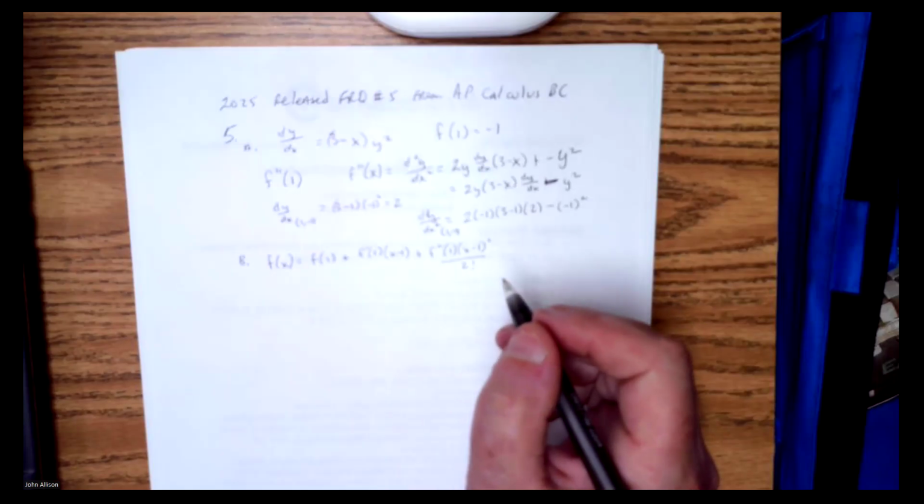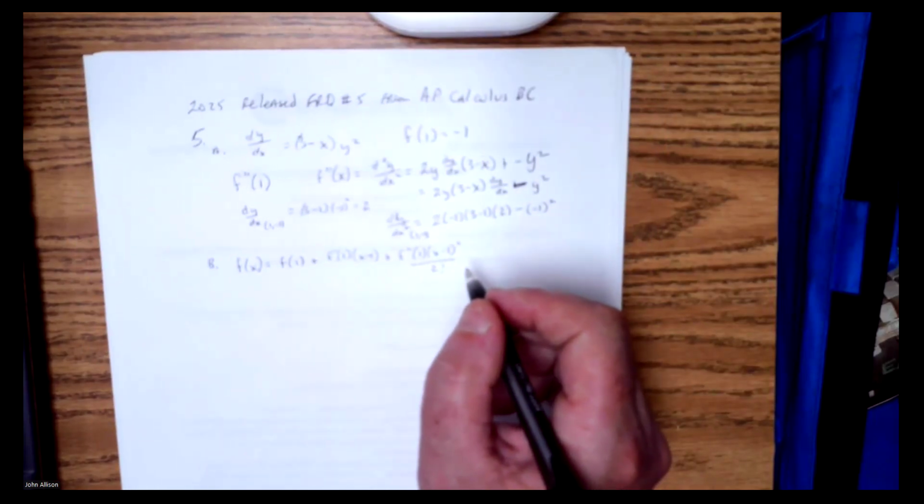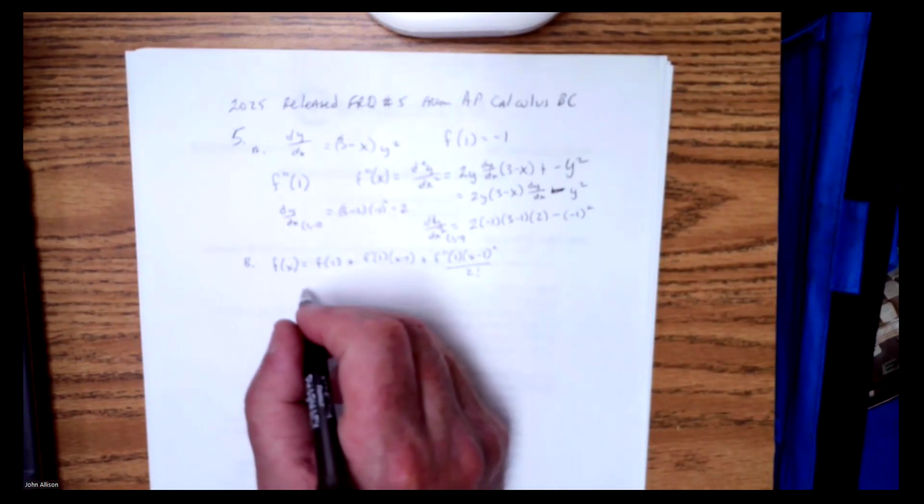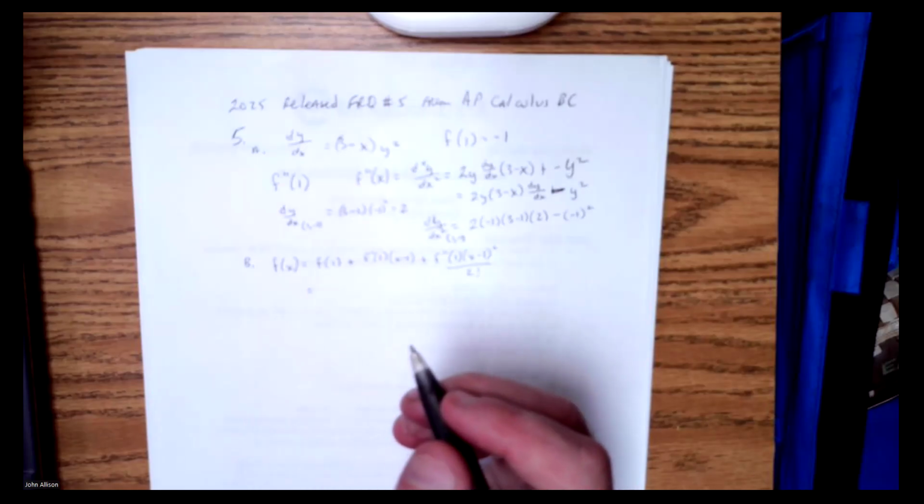That will give us a second degree Taylor polynomial about x equals 1. Make sure that y'all can see that on there. Yeah, we got that.